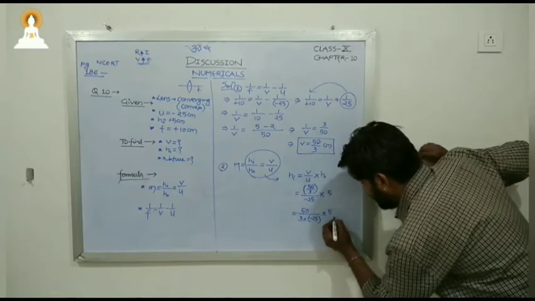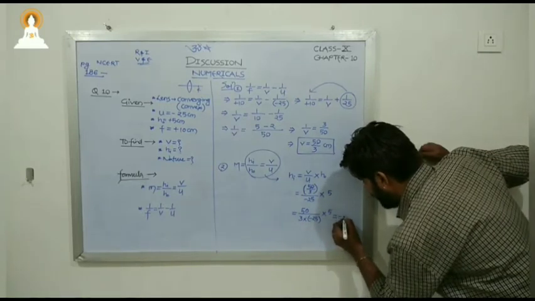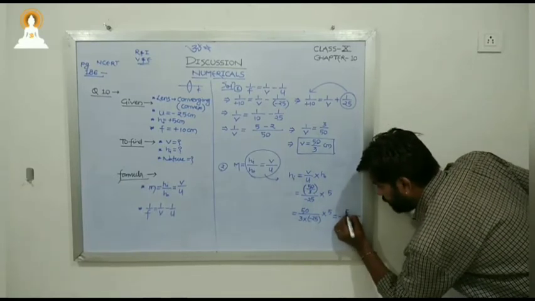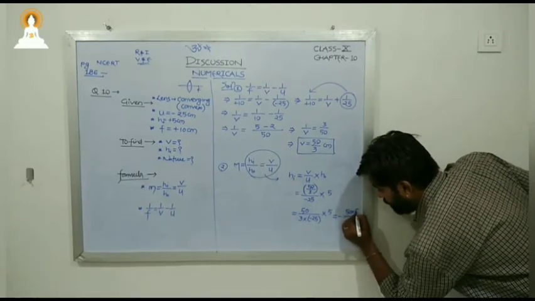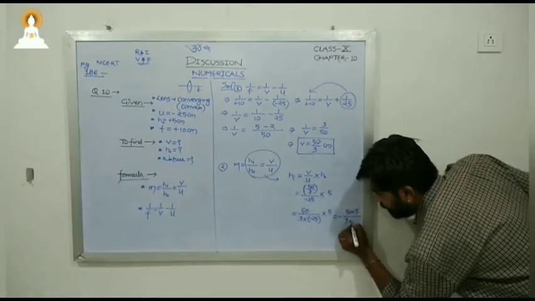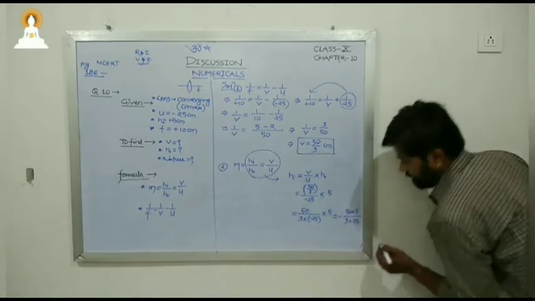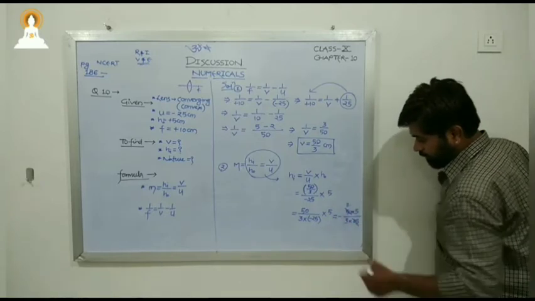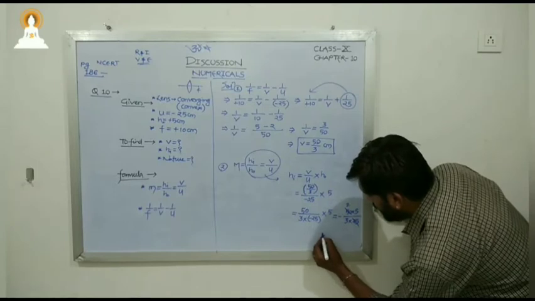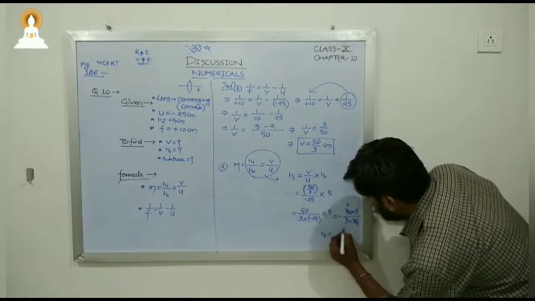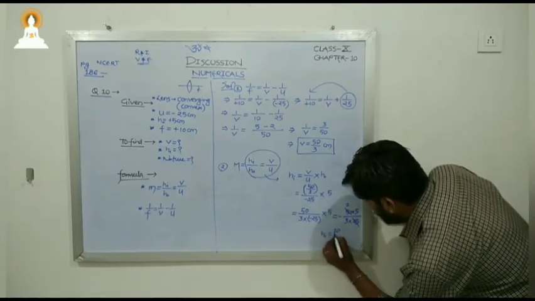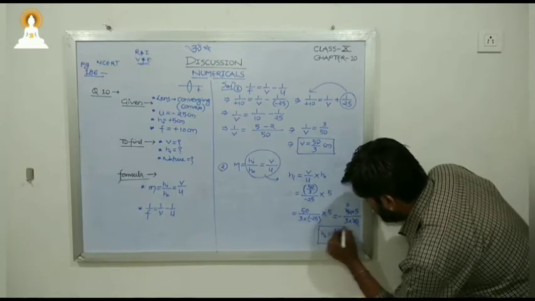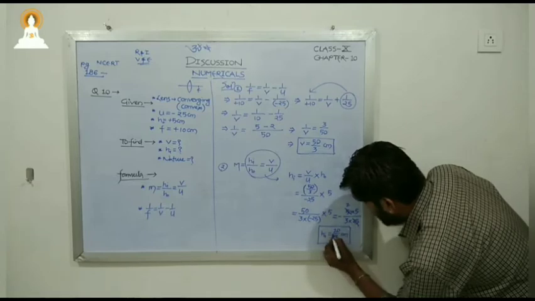Or if I write it in a simpler form, a minus will be there, I am taking that minus out, and above we have 50 into 5 divided by 3 into 25. So we are getting height of image as 10 by 3 centimeter, with a negative sign.